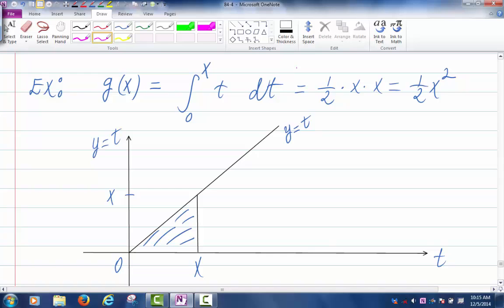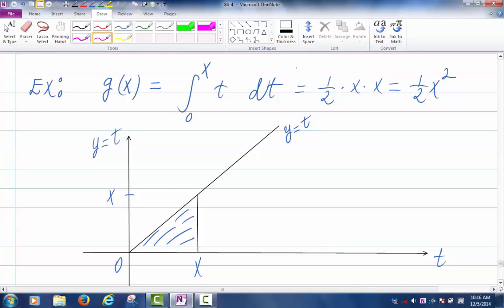How about I define g of x as the integral from 0 to x of t dt? What is that integral? Once again, let me just show you when x is positive. When x is negative, you get the same value. When x is positive, what's the graph of the integrand function?